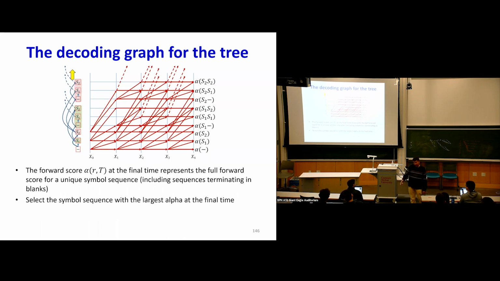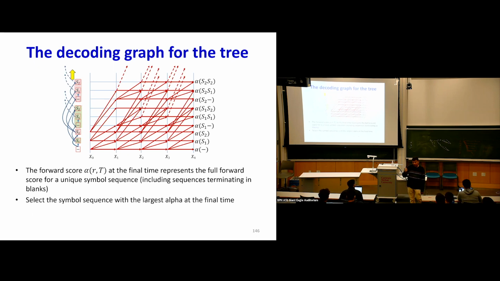So if I get 10 inputs, I'm going to get alphas for every possible symbol sequence for 10 inputs. And then I can just compute the alphas and pick the symbol sequence for which the alpha was largest. And now I have my most likely symbol sequence, right?